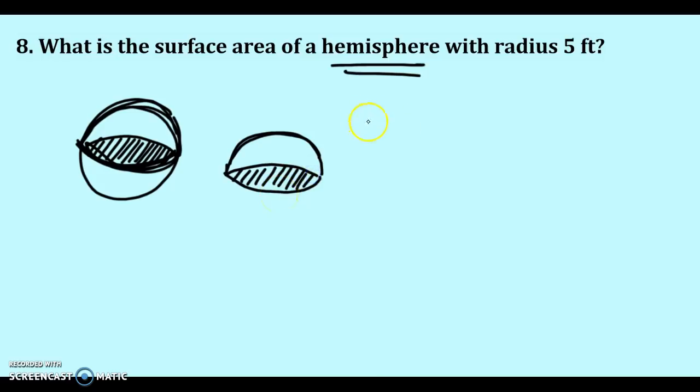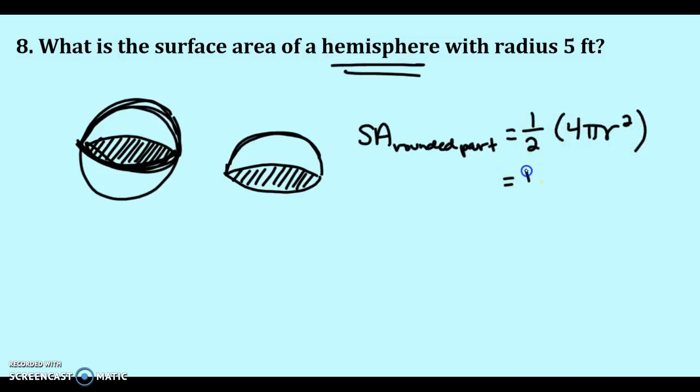So when I do my surface area formula, I'm going to write surface area of rounded part, which hopefully you understand what I mean when I say that, is going to equal 1/2 times 4 pi r squared. So this 1/2 is because I'm taking just half of that normal surface area, and I can plug in my radius of 5.